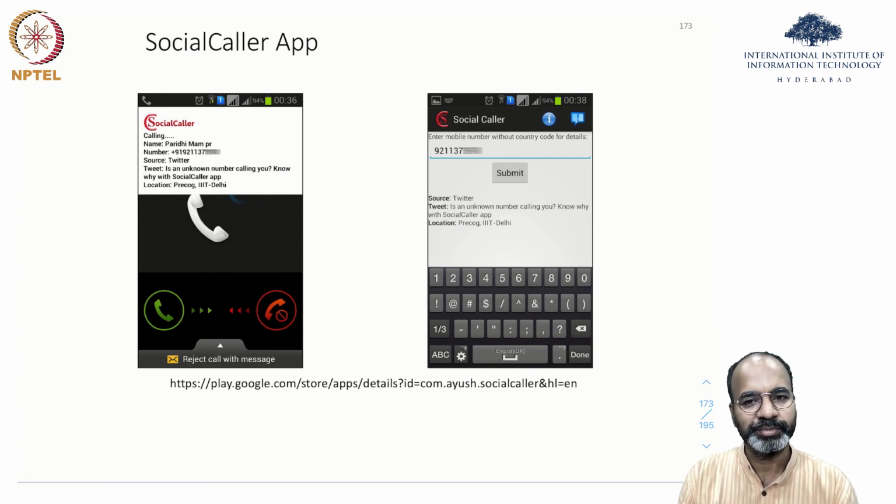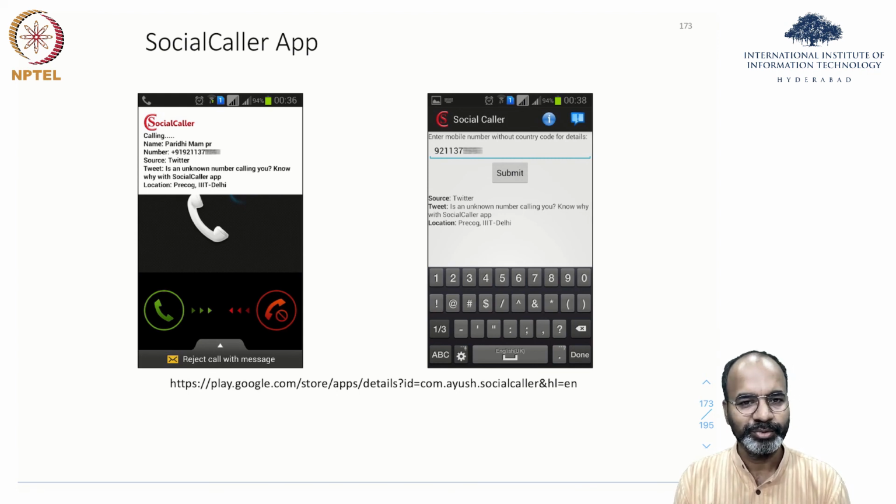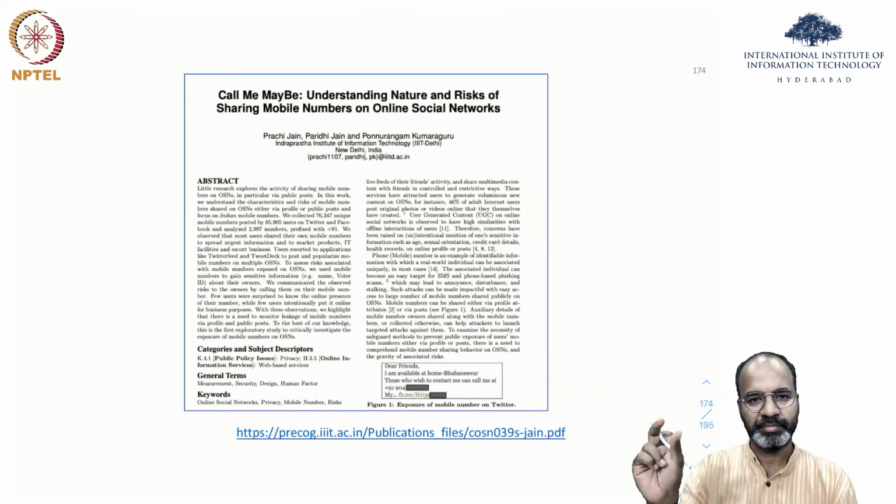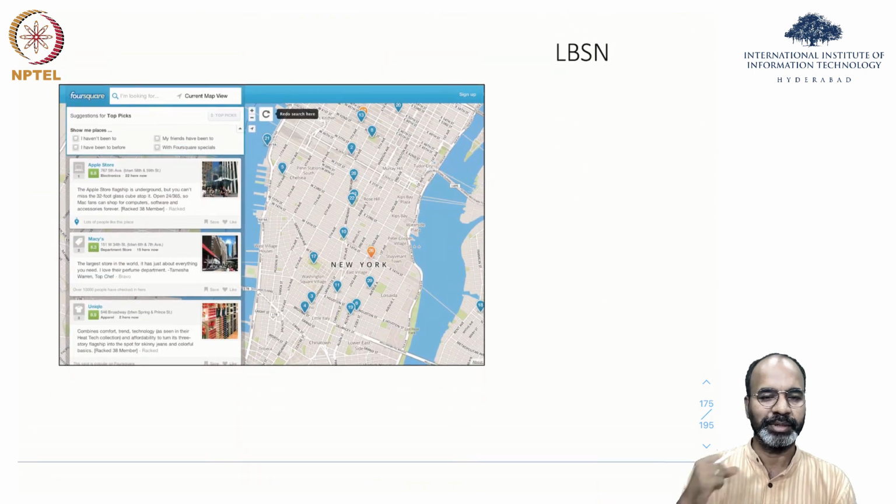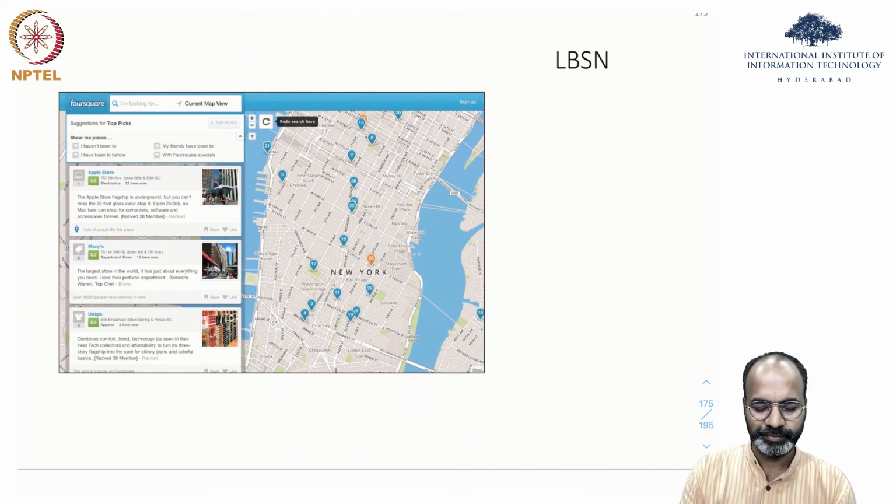A Social Caller app was built on top of this idea, so that when anybody calls you, you now know the social media data from where this number is. The tweets and Facebook updates can also be shown on your phone.